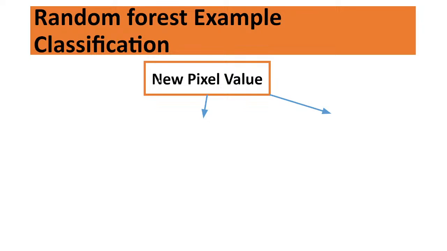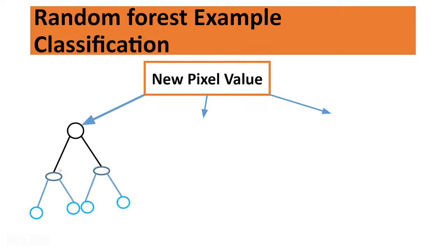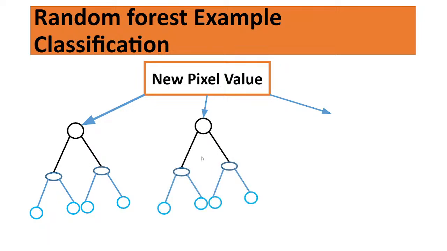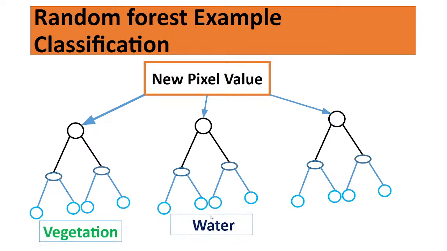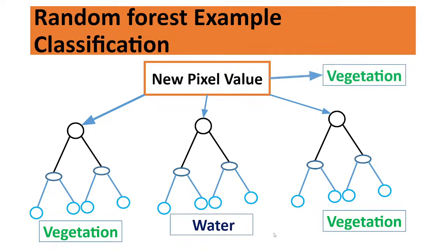I take the new pixel value and set up some decision trees for checking whether it is water or forest. I create one decision tree, and another, and another, so I create a total of 3 decision trees. Suppose from the first tree I get vegetation, from another I get water, and from the other I get vegetation. So by majority voting I get vegetation, and my new pixel will be vegetation.